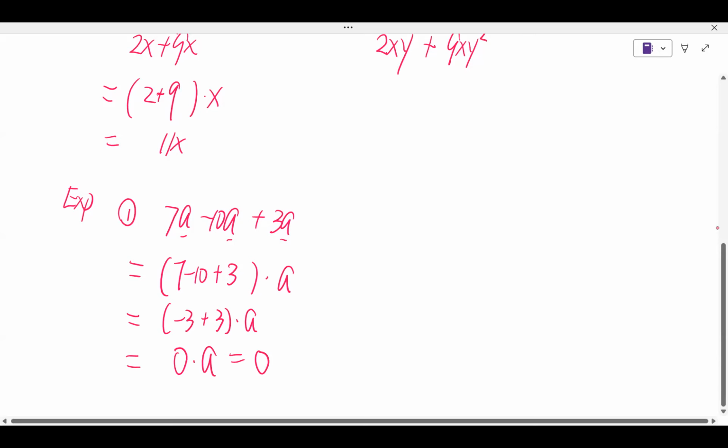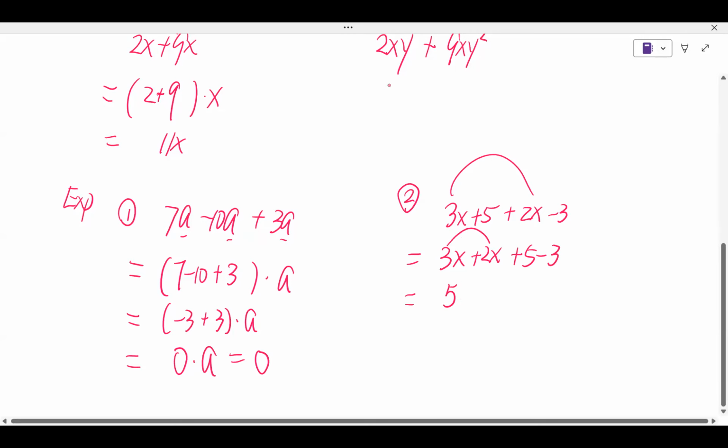Also something like this: 3x plus 5, adding 2x minus 3. When you combine them, you combine the variable terms first, so you can switch them if you want to. 3x plus 2x is 5x, and 5 minus 3 is 2.